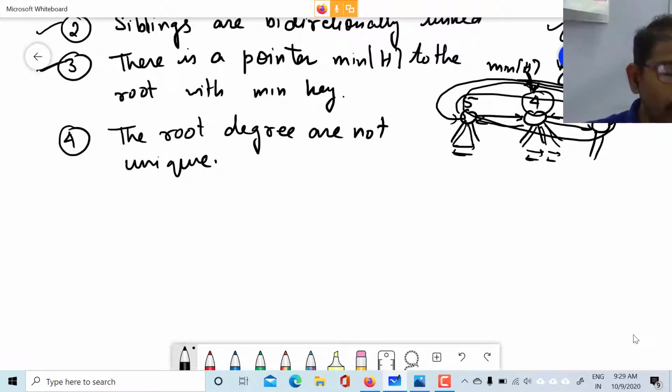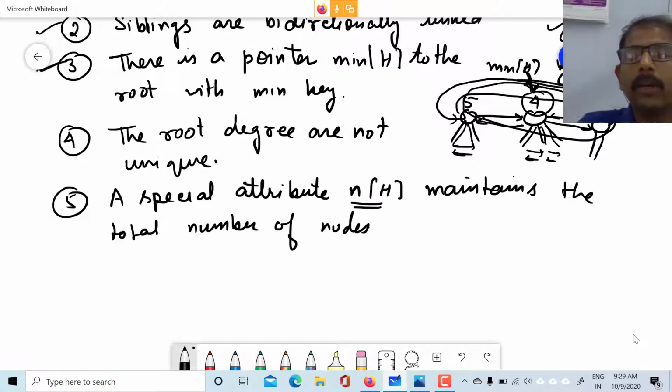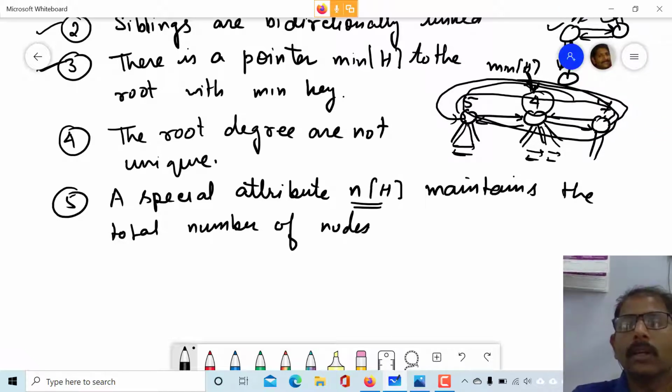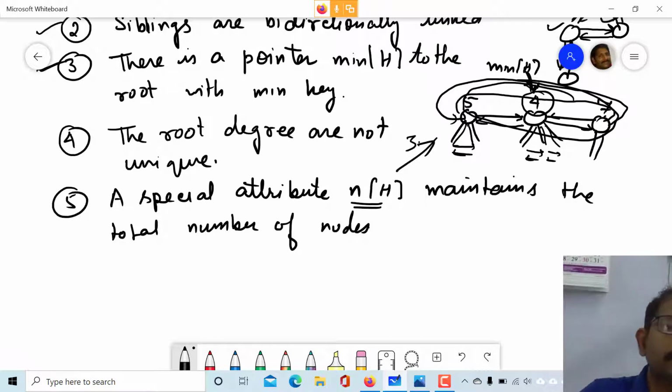The next point: a special attribute NH maintains the total number of root nodes. In this case there are 3 root nodes, therefore the value of NH will be 3.